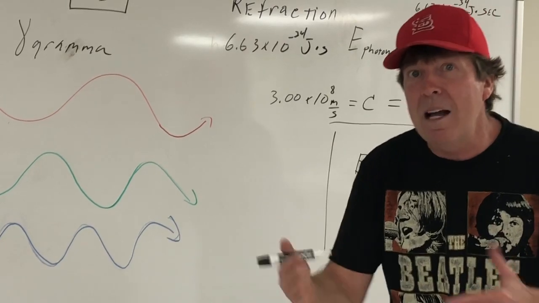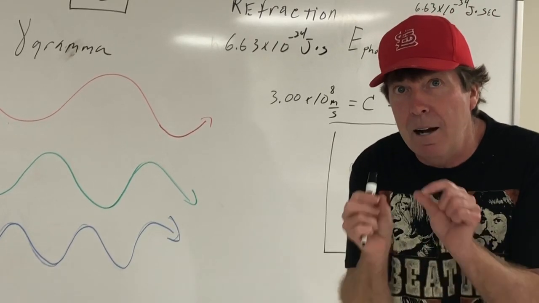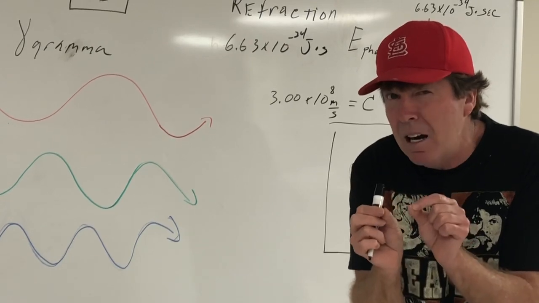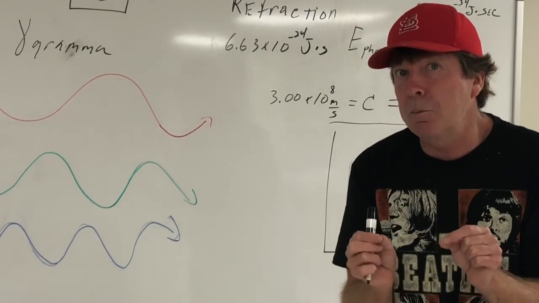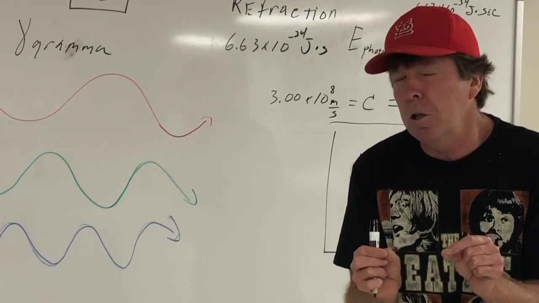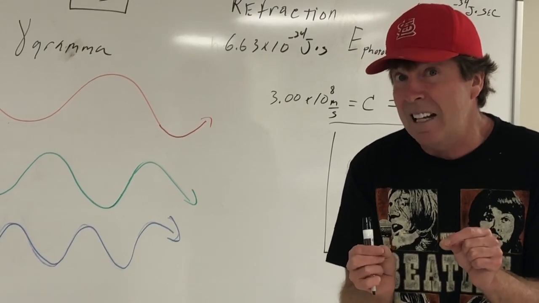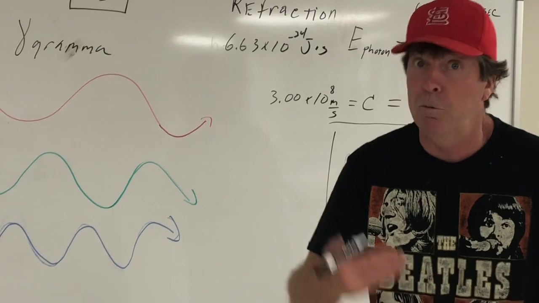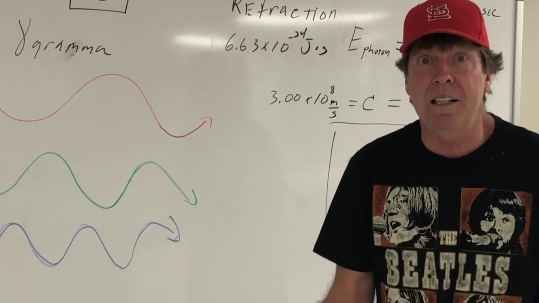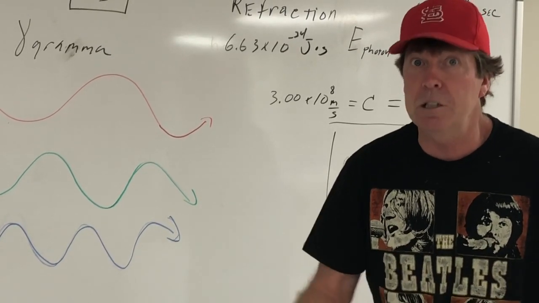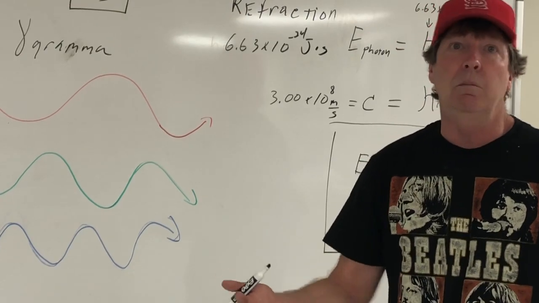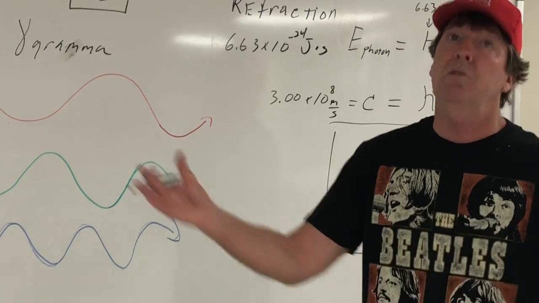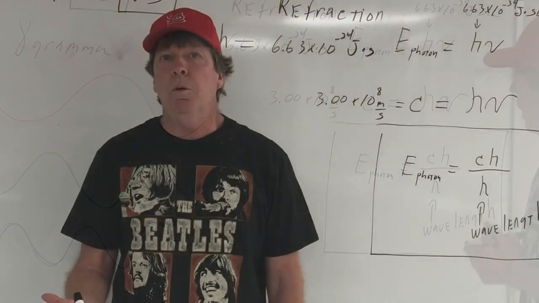If we know the wavelength, we can figure out where in the electromagnetic spectrum we are. Of course, if we're at a shorter wavelength than 400 nanometers, then we're moving into ultraviolet, and if we're getting shorter and shorter, we're moving into these really high energy short wavelengths like X-rays and of course the gamma rays. Here's what I want you to do.